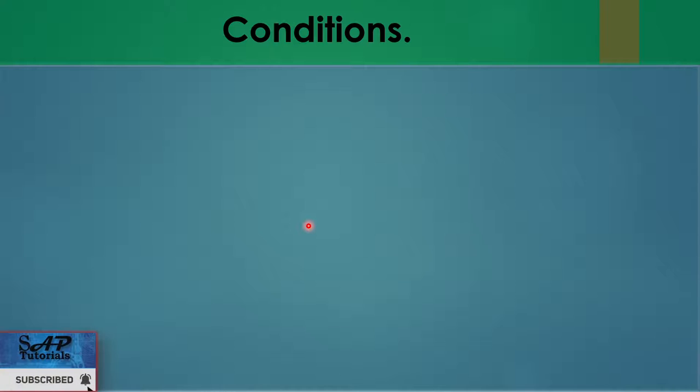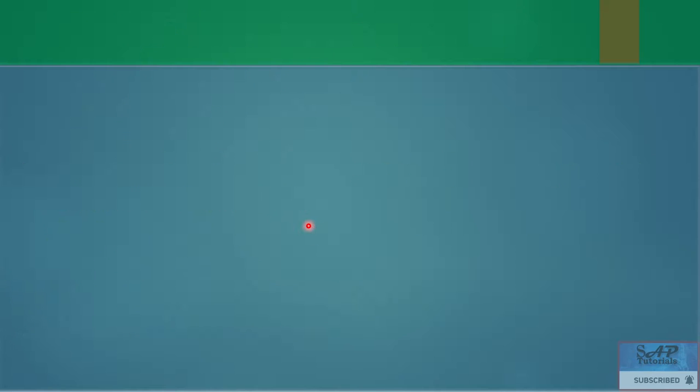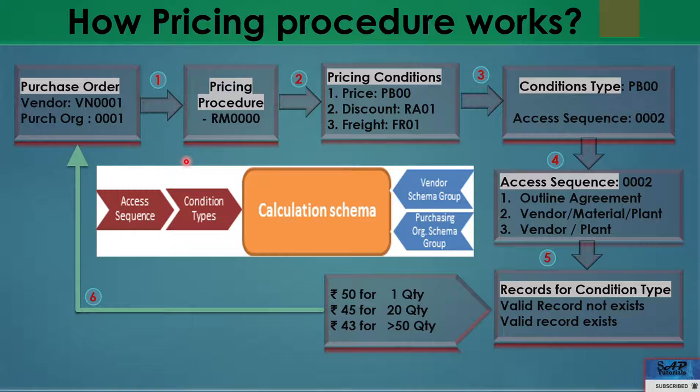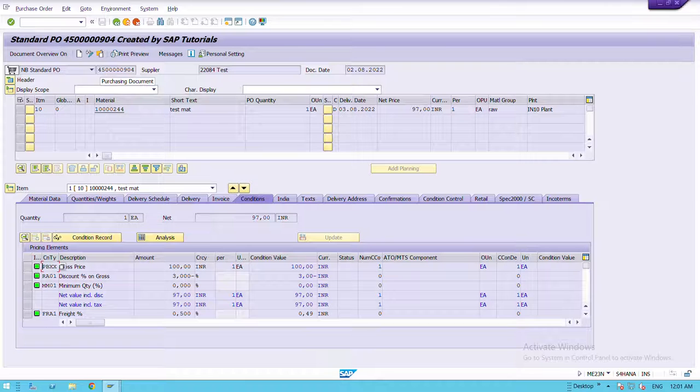Then I will explain things one by one in detail, but before that I want to explain how this pricing procedure works in the system. We have seen this now, and I will relate it to the system so it will be better for you to understand. So I will go into the system. Consider this purchase order here.